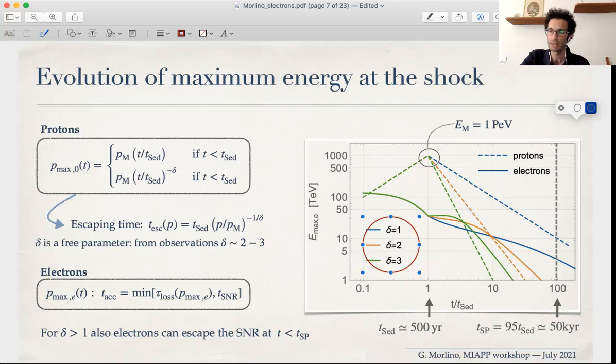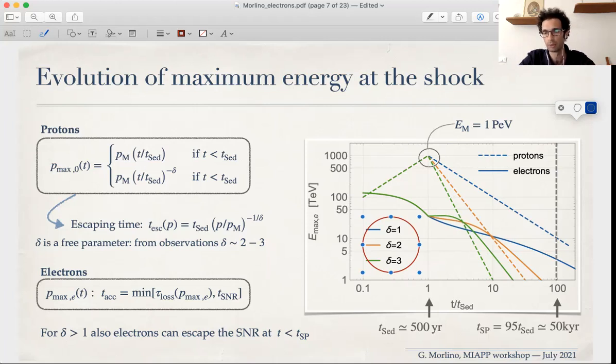So essentially here we assume that the acceleration stops and particles are released into the interstellar medium. Now, as soon as the maximum energy of electrons remains below the maximum energy of protons, they are confined inside the remnant. On the contrary, when these two quantities become equal, also electrons start to escape from the remnant.